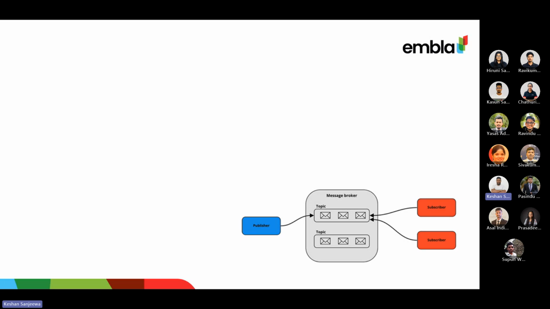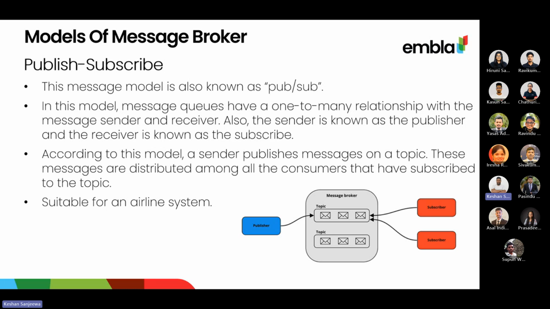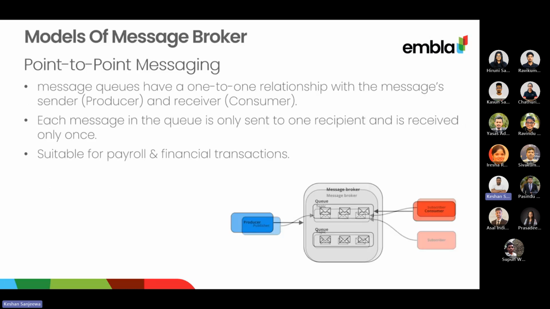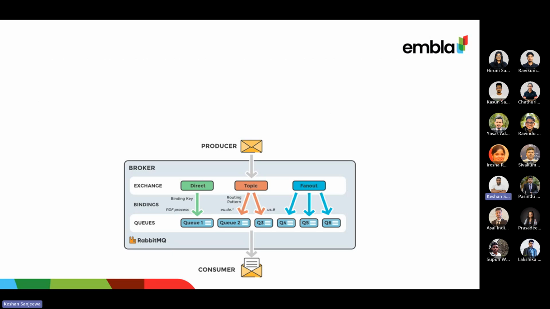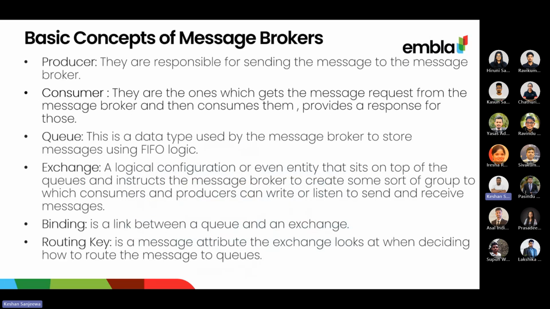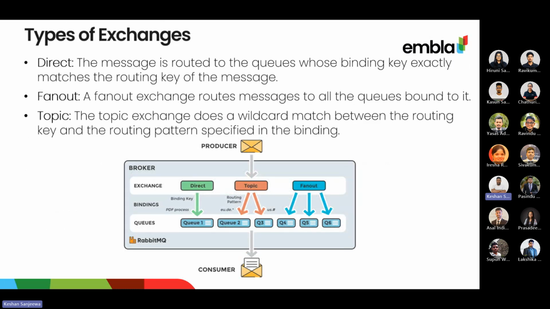In the publisher subscribe model, we call the producer and consumer the publisher and subscriber. Again, there's a concept called exchange, which routes the message to the corresponding recipient and groups the queues. We have three types of exchange: direct, fan out, and topic.